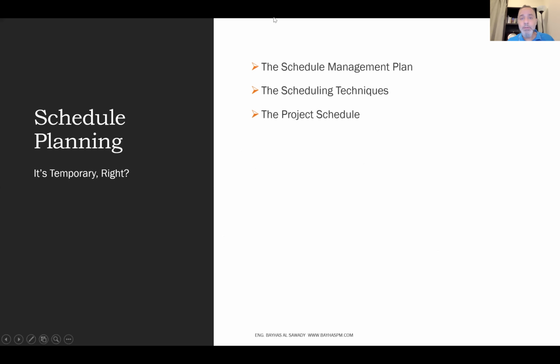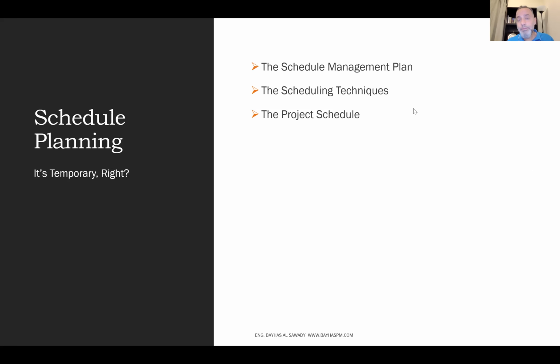Yes, ladies and gentlemen. And with this, we conclude planning for the scope. And now we continue to planning another aspect in the project, which is the schedule. So again, we started by planning for stakeholder engagement, then planning for scope, and now we move on to planning for schedule, right?